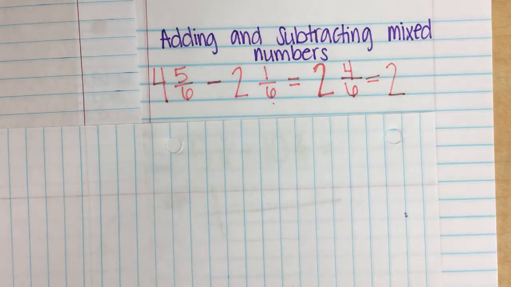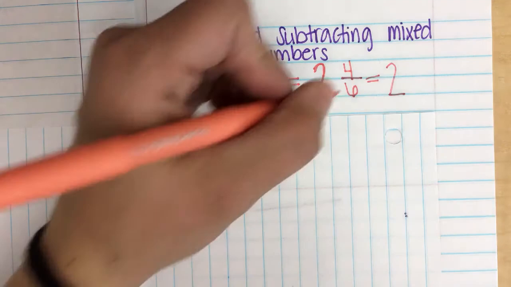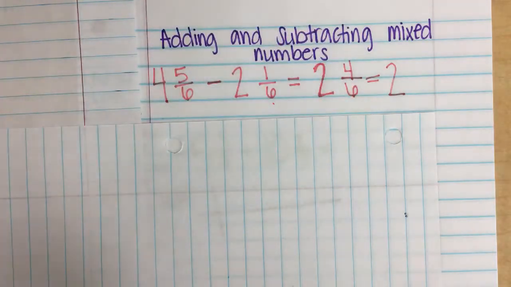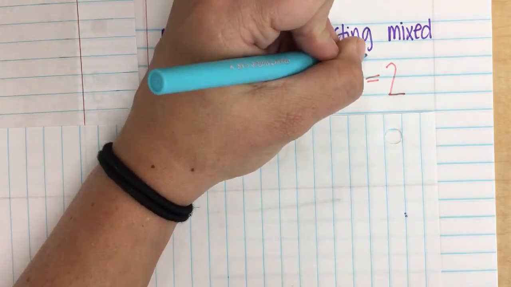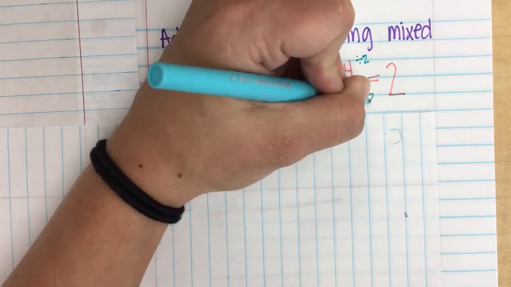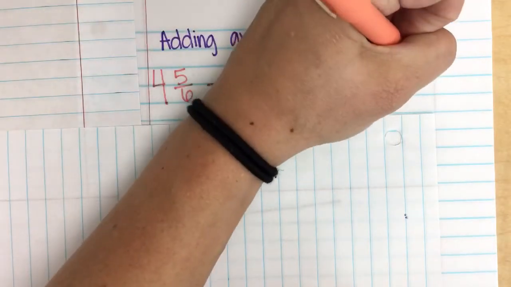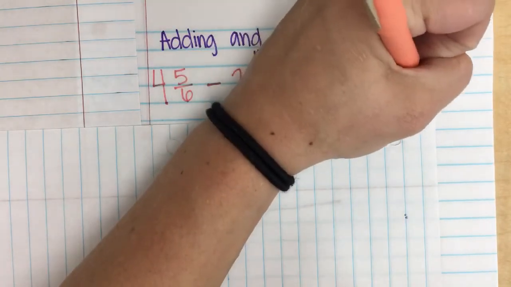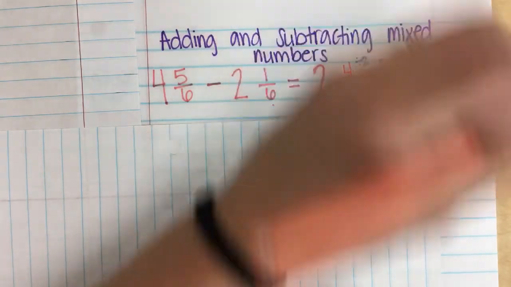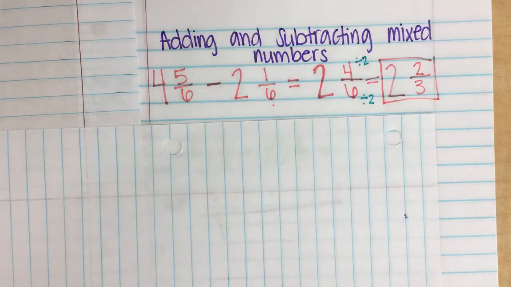Well, I can tell that 4 and 6 are both even numbers, so I know I can at least divide both by 2. So if I divide 4 by 2 and 6 by 2, I get 4 divided by 2 is 2. 6 divided by 2 is 3. So my final answer is 2 2/3. That is my answer in its simplest form.